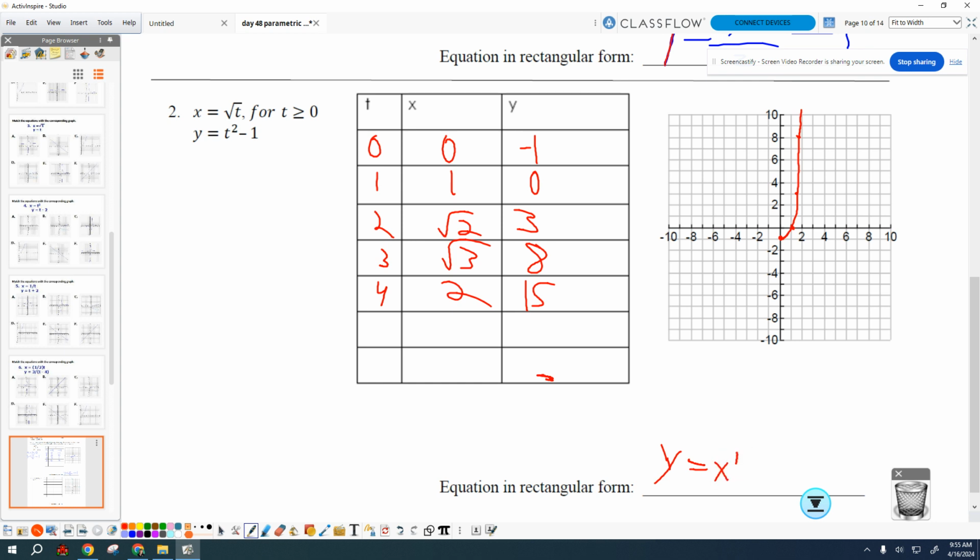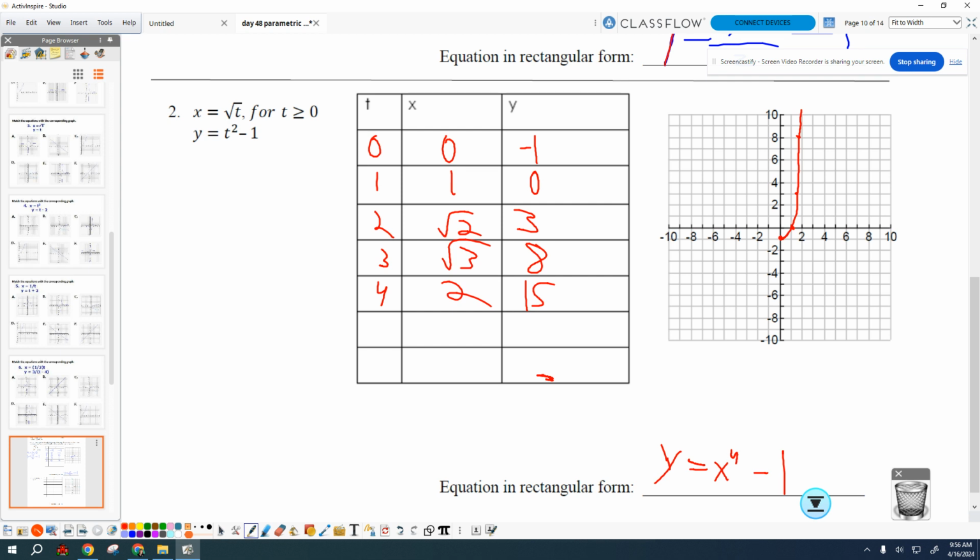In this y equation, what is the number in front of it?